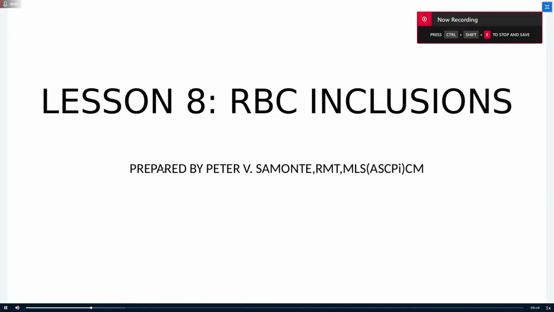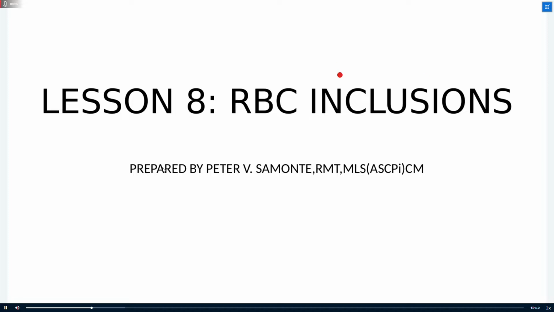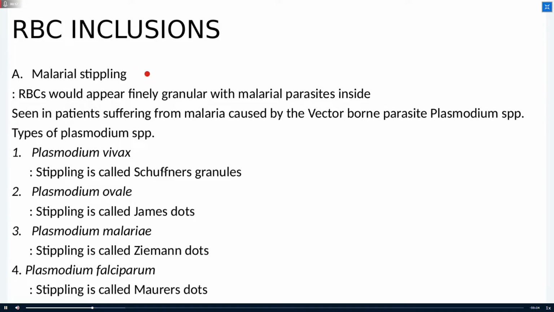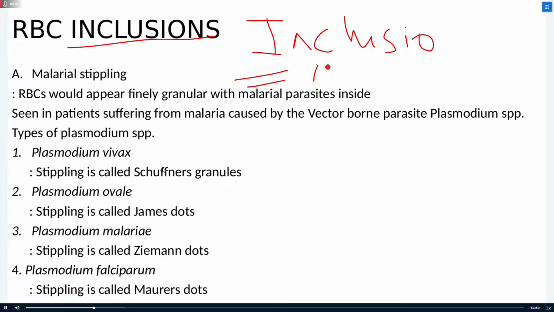Okay, so for our topic today, class, we will be discussing your RBC inclusions. Your RBC inclusions, class, the word inclusion would be derived from the word inclusio, meaning inside.